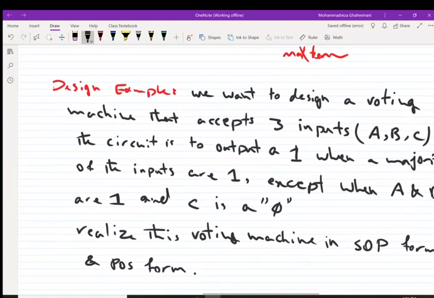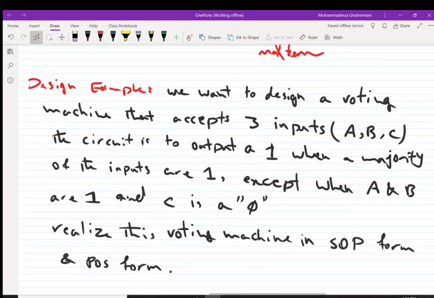Okay, so we have a voting machine with three inputs A, B, and C, which has an output of 1 when the majority of inputs are 1, except one condition: when A and B are 1 and C is 0, the output is 0. And we want to design this voting machine in two forms, sum of product and product of sum.